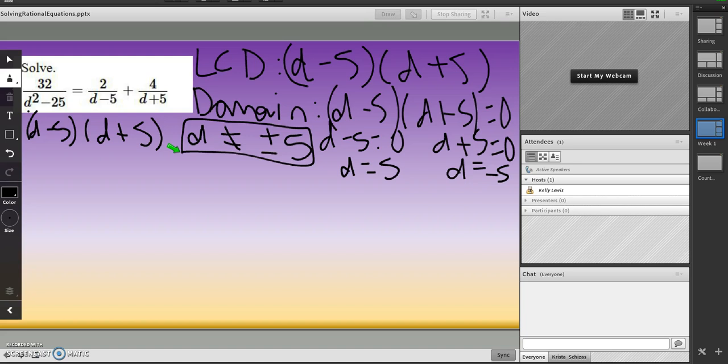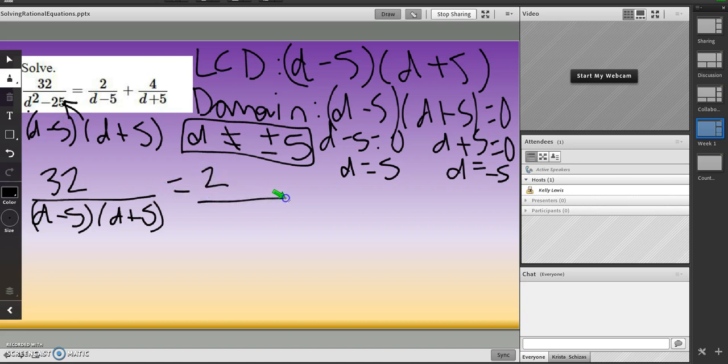Okay, so here we are. We have 32. I'm going to write this denominator as d minus 5, d plus 5, because that's what that really is right there, equals 2 plus 4, and then we have d minus 5, d plus 5. All right, and we need all the denominators to be the exact same.